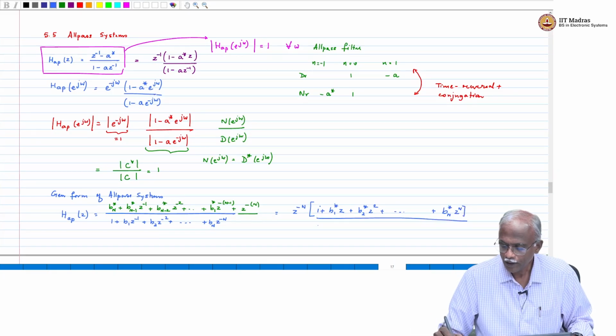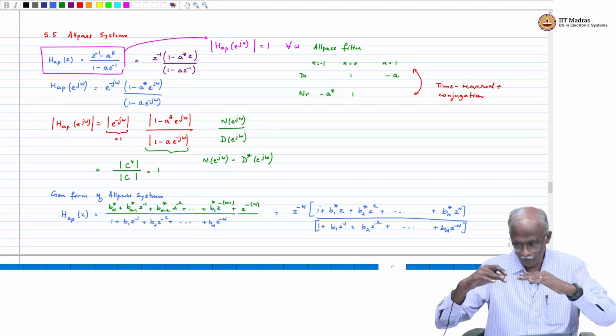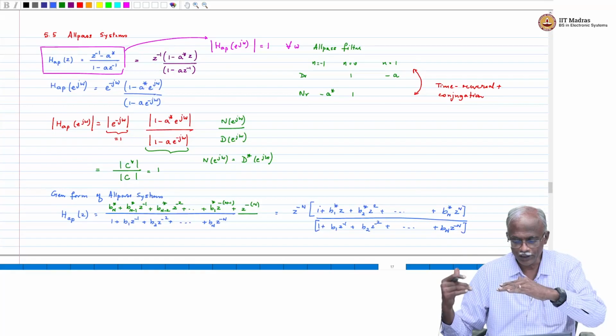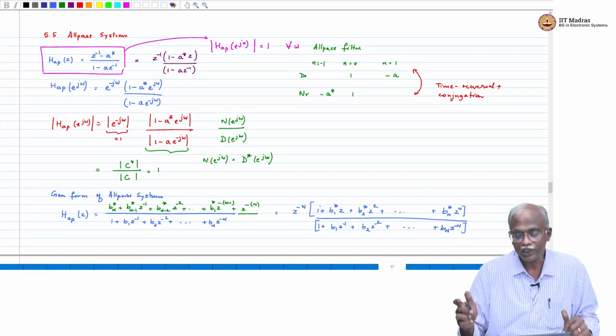Denominator will be 1 plus B1 Z inverse plus B2 Z minus 2, up to Bn Z power minus n. This is the denominator. Evaluate it on the unit circle. Verify that what you see is that the numerator and denominator are conjugates of each other, and therefore the magnitude will be equal to 1.